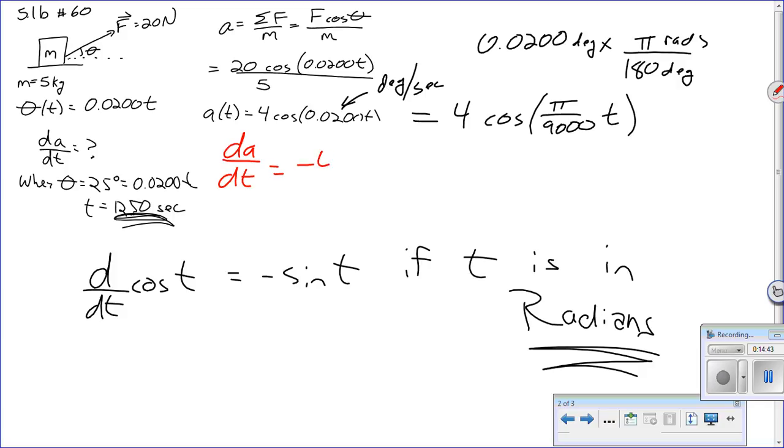So you get -4 sine pi over 9,000 t times pi over 9,000. All right. Yes. And that works. Now you can plug in your time.